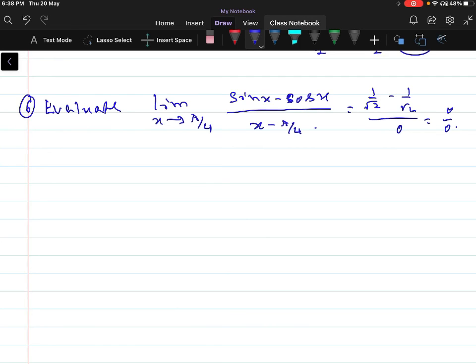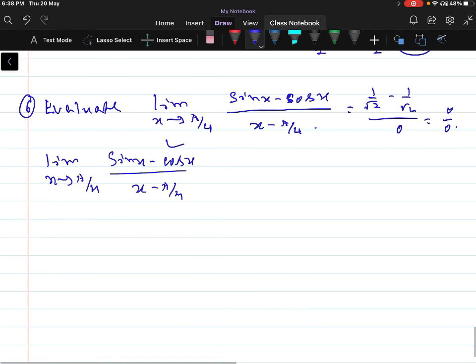Now let us apply L'Hopital's rule. So the limit as x approaches pi by 4 of the function (sin x minus cos x) by (x minus pi by 4), where f of x is sin x minus cos x and g of x is x minus pi by 4. Now let us apply L'Hopital's rule.